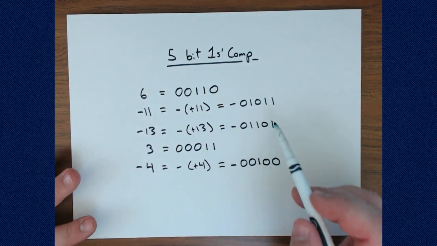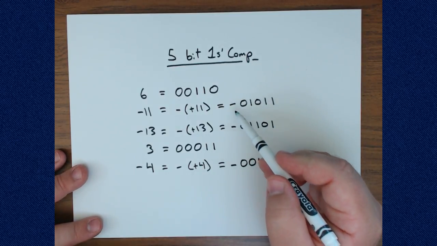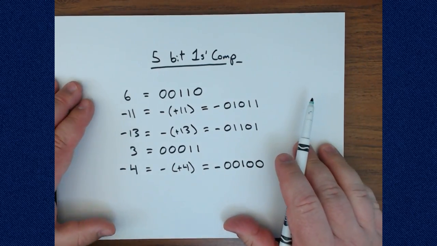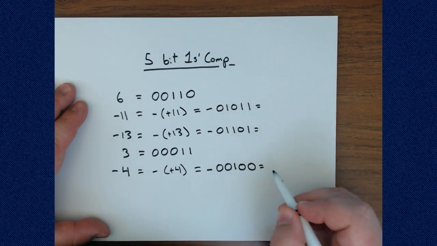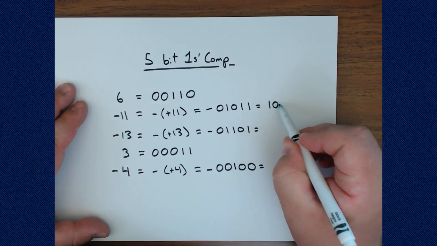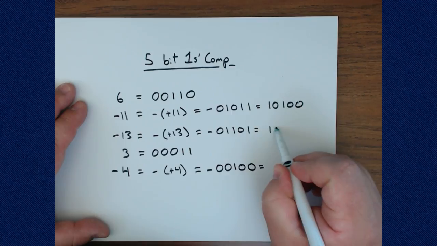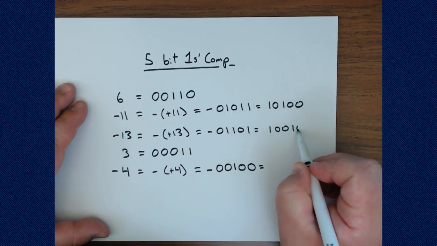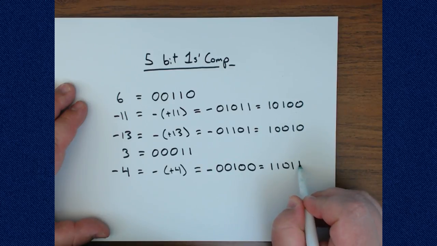We have a 5-bit representation of the absolute value of these things, and now we just need to negate it. But negating in one's complement is flipping all the bits. So in the end, that gives us, flip all the bits, 1, 0, 1, 0, 0, 1, 0, 0, 1, 0, and 1, 1, 0, 1, 1.